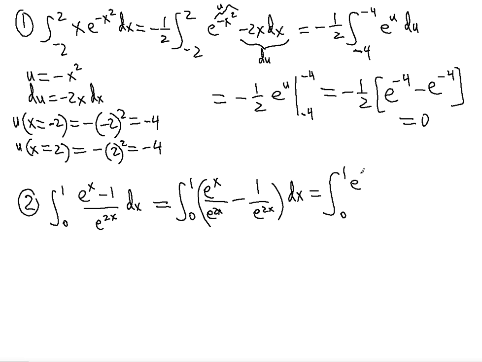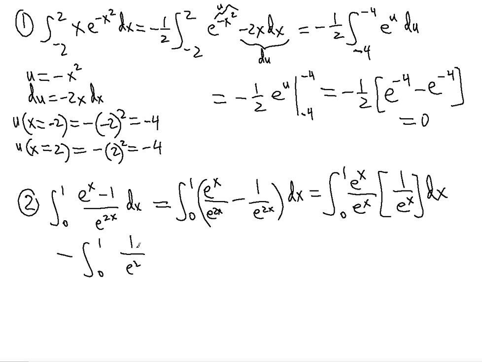We can take out the e to the x, so we will have 1 over e to the x. I just wrote the first term. I'm going to write the second integral because we split it, from 0 to 1, 1 over e to the 2x dx. So I just split it into two integrals.